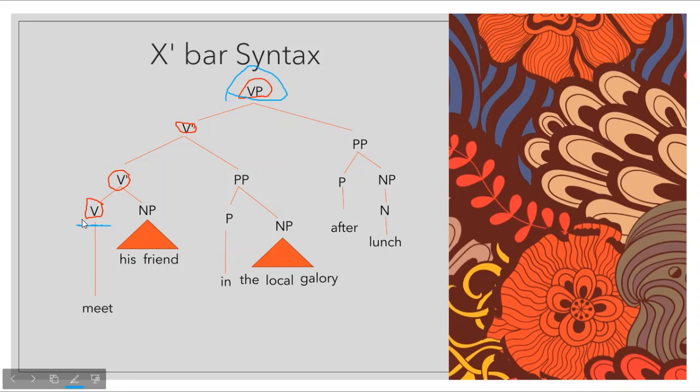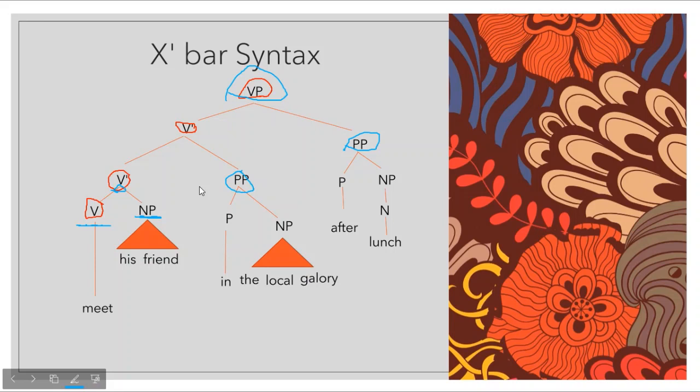So this V, the thing that is attached to it is the argument or the complement. Okay, they share the same node. But this PP and this other PP, they do not share the same node with the head, so they are optional elements or adjuncts.